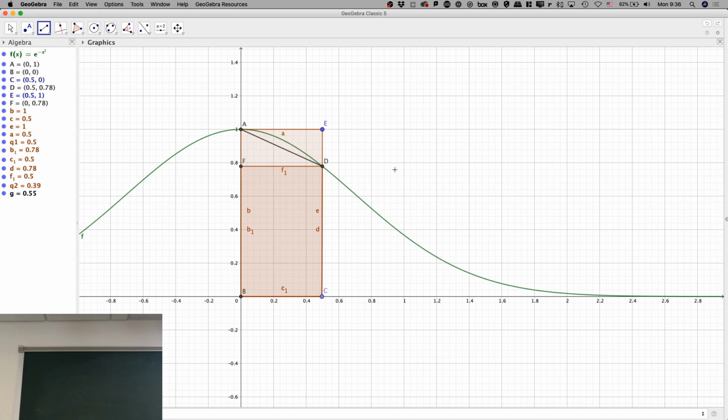Okay, so if one trapezoid slightly underestimates and another slightly overestimates, it's not really obvious whether this one's going to over- or underestimate, right? It depends on the relative sizes. If we were just using one trapezoid on the interval from 0 to 0.5, then we could answer that question no problem.